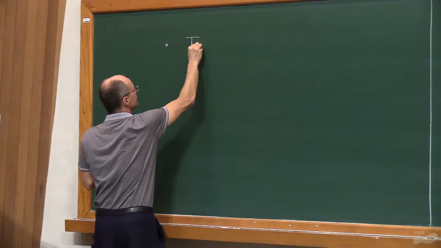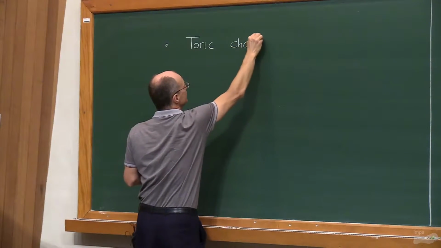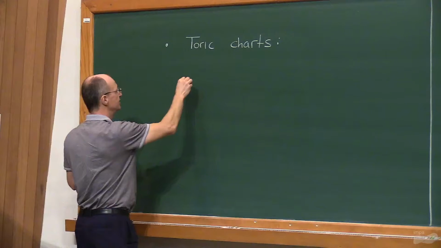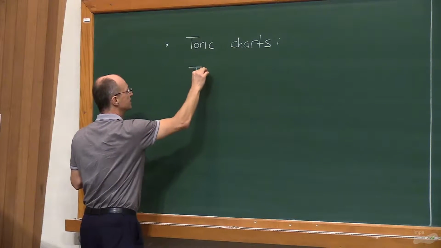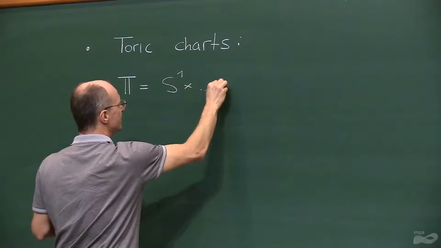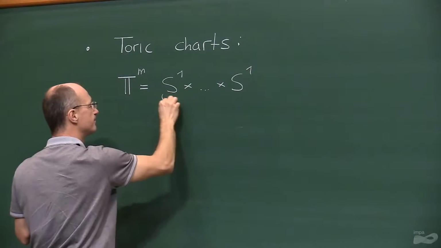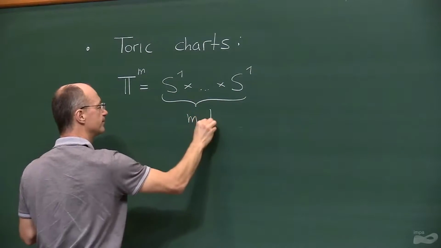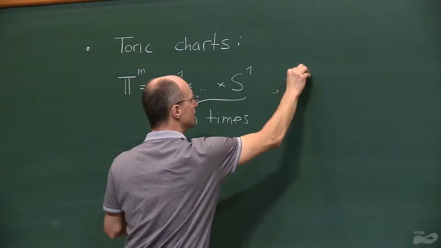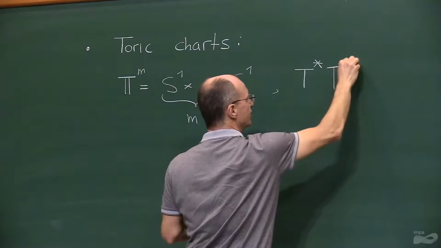So let me introduce the two definitions. What are those toric charts? The idea is as follows. Suppose we start with a real torus of some dimension, let's say m, and let's consider its cotangent bundle.